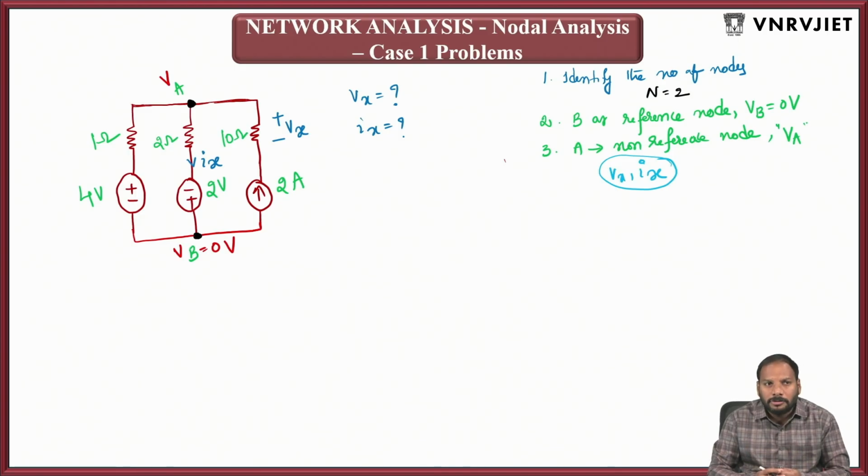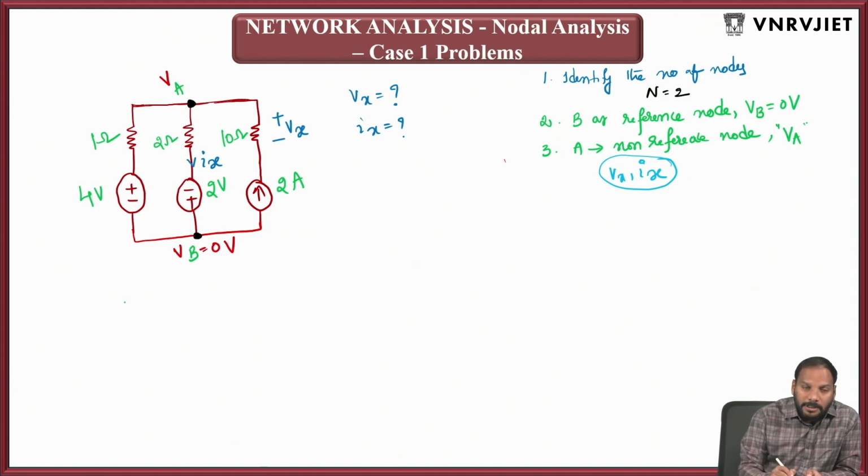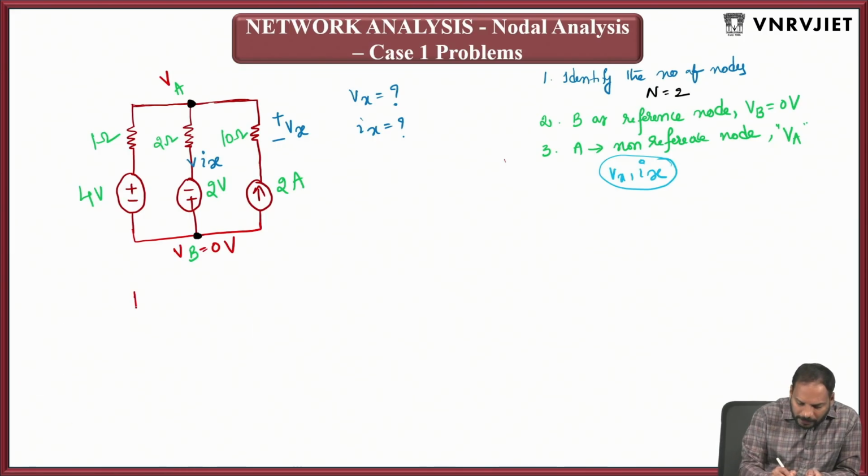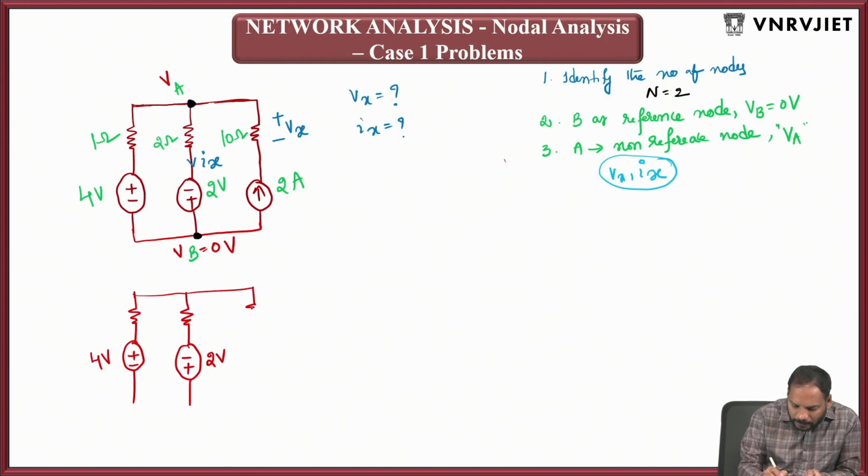Nothing will happen; it just avoids a lot of confusion in this circuit. So if I erase Vx and Ix and redraw the circuit, it will look like this. This is 2 volts, this is 4 volts, and this is 10 ohms.